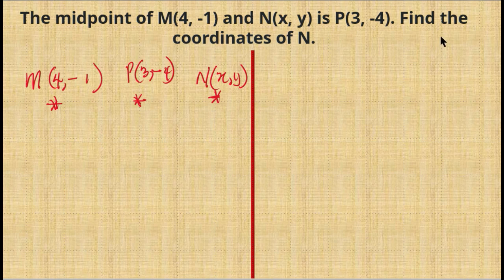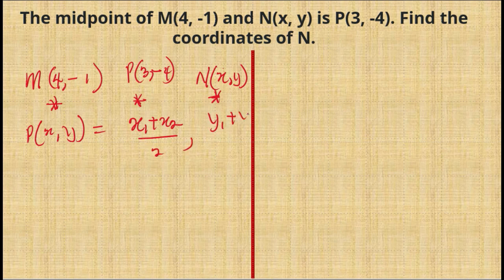Now, my examiner wants me to find the coordinates of N, that is to find the value of x and y. Now, from the equation for the midpoint, we know that the midpoint of any point should be given as P(x, y) will be the same thing as (x1 plus x2) all over 2 and (y1 plus y2) all over 2, where (x1, y1) will be my first point and (x2, y2) will be my second point.